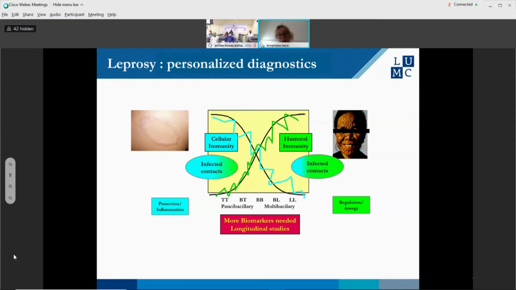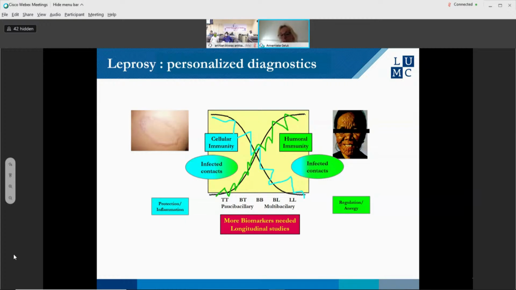And they have a lot of bacteria, and also they have a lot of antibody response. And on the other end of the spectrum, there are tuberculoid leprosy patients. Those are paucibacillary patients. They don't have a lot of bacteria, and they do have a good protective response, but just a little bit too much, so that they also cause damage to their own skin or own nerves.